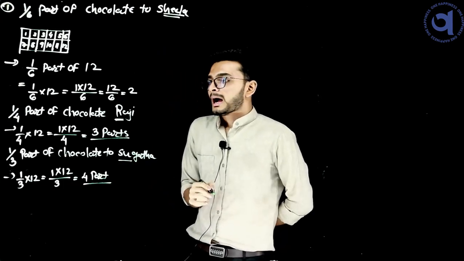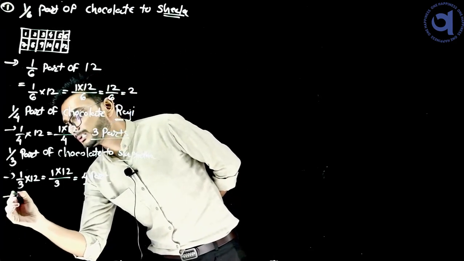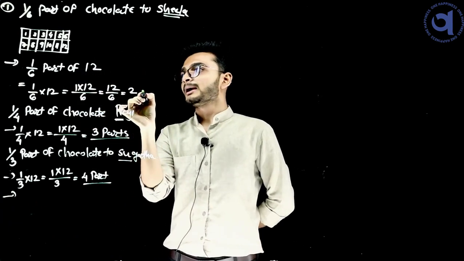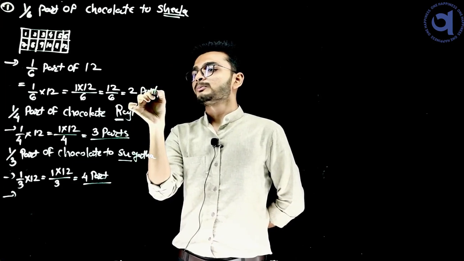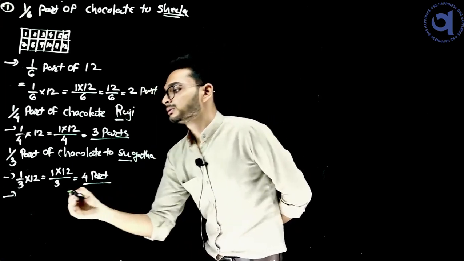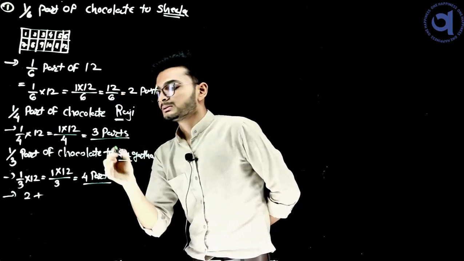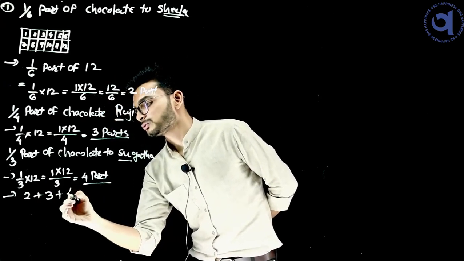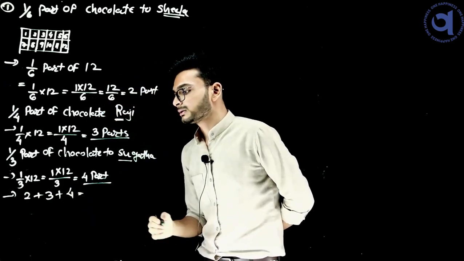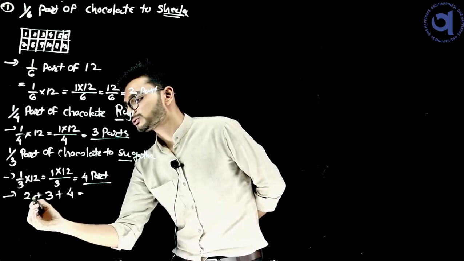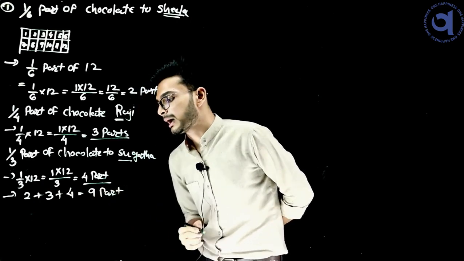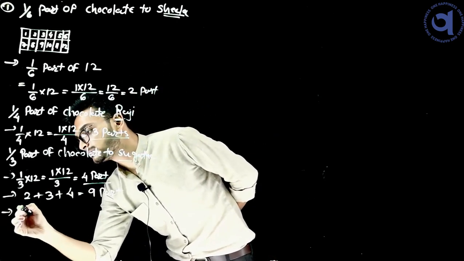Clear? How many total parts did she distribute among her 3 friends? Let us calculate: 2 parts to Sheila, plus 3 parts to Raji, plus 4 parts to Sugatha. So total 4 plus 3 plus 2, 9 parts. How many parts are remaining?